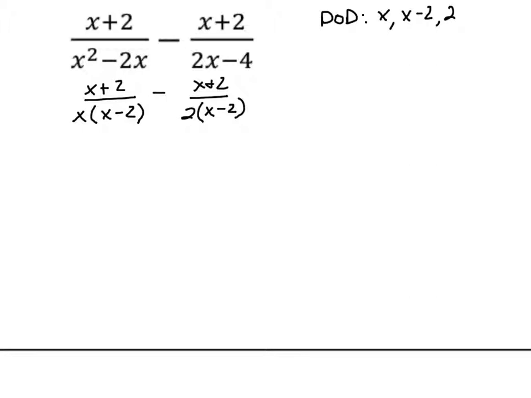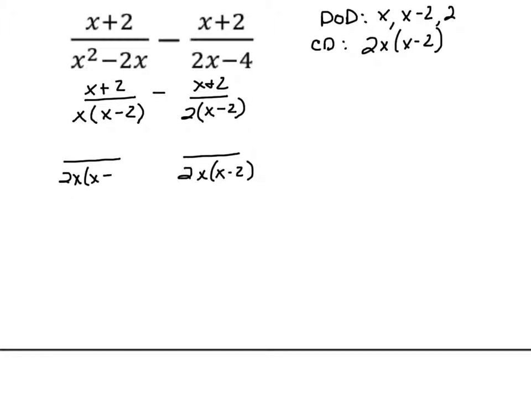So when I multiply them all together, I've got a 2x times x minus 2. Again, this is going to be my common denominator. Okay, so that's what I want my common denominator to look like. So what I need to do now is I need my common denominator to be 2x and x minus 2.